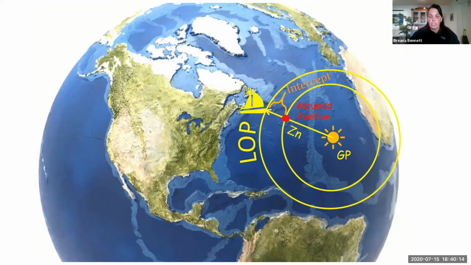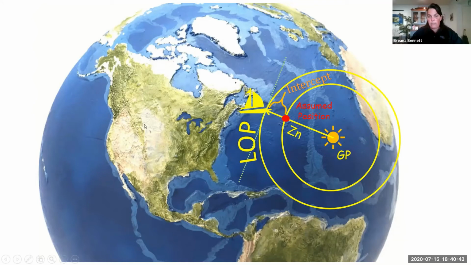That will give you a larger intercept, so a larger range to correct where you are from it. So the assumed position doesn't have to be spot on accurate or anything. It's just a number that we are creating, and we always create it on the latitude line, so it's easy to plot, and then we can get a range and bearing from it.